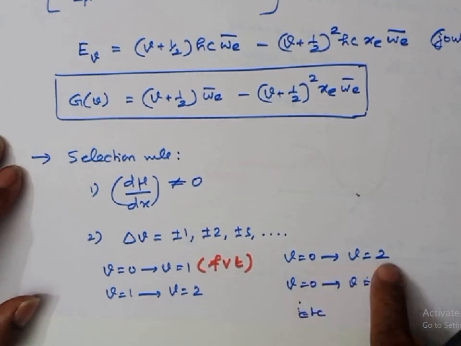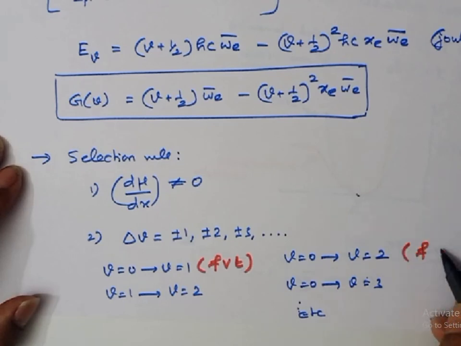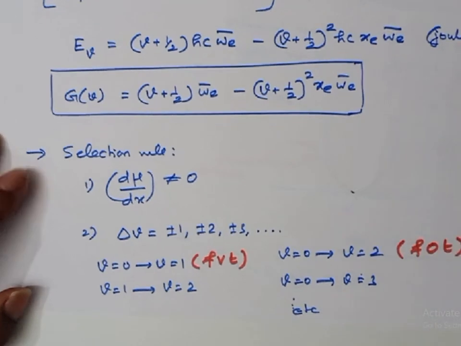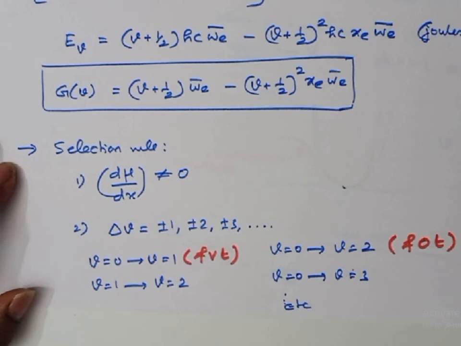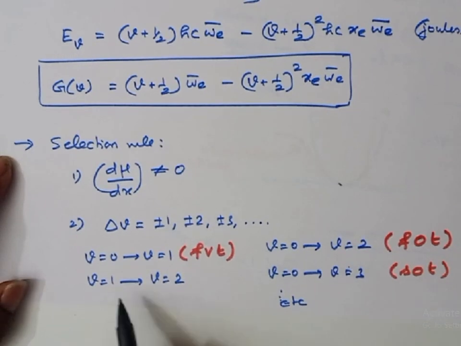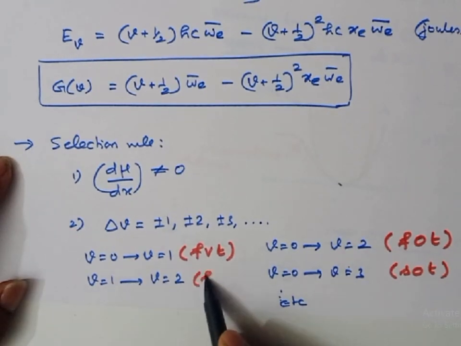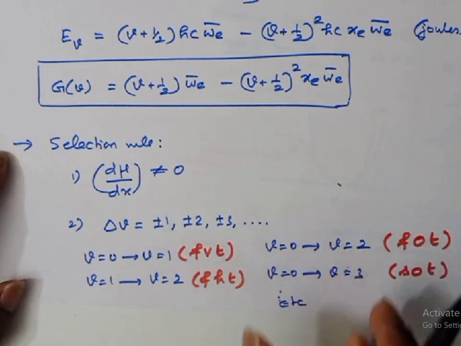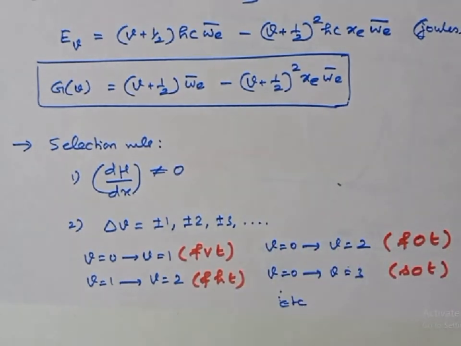Then the 0 to 2 transition is called the first overtone transition, FOT. And 0 to 3 is called the second overtone transition, and 1 to 2 is called the first hot transition. These are the specific names of these vibrational transitions.